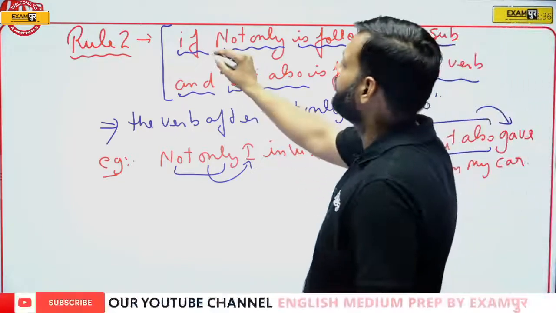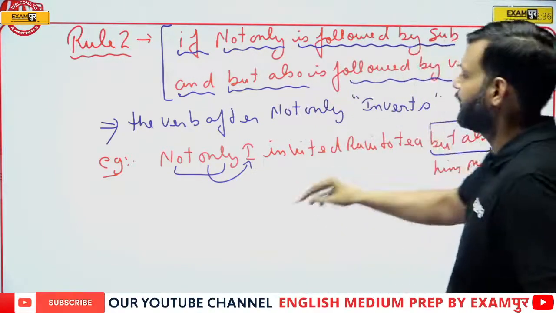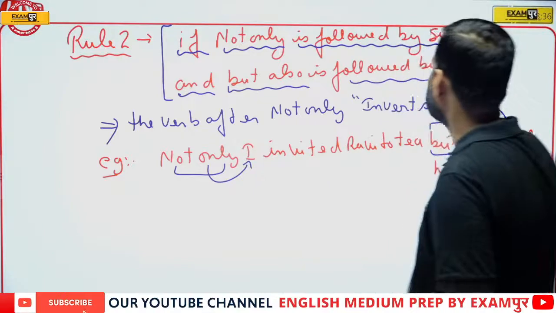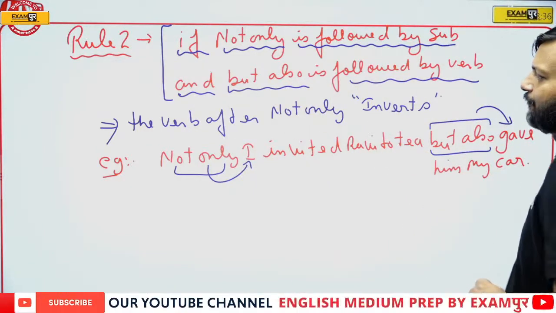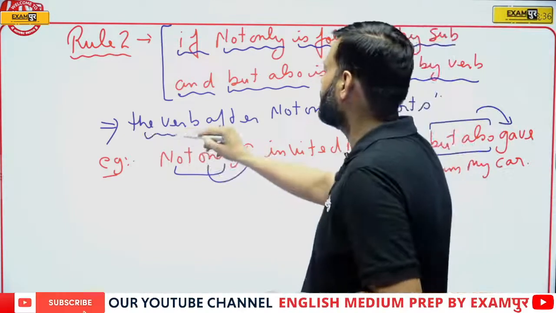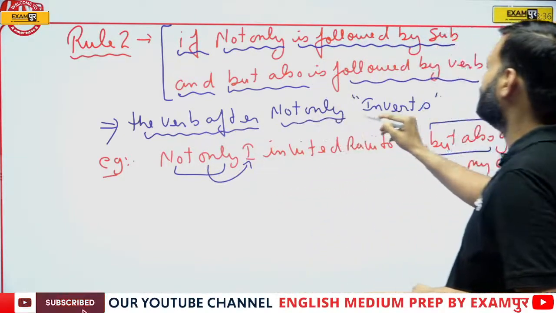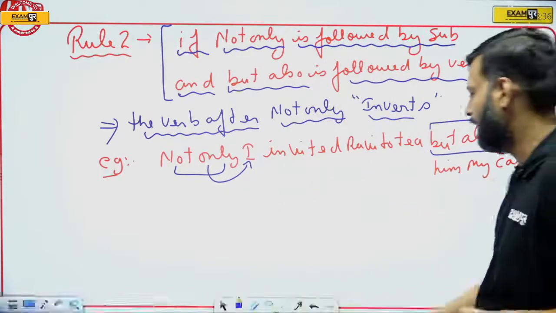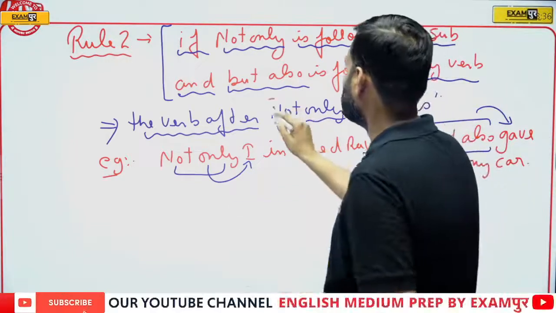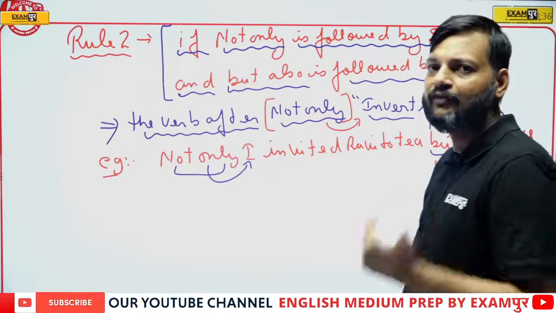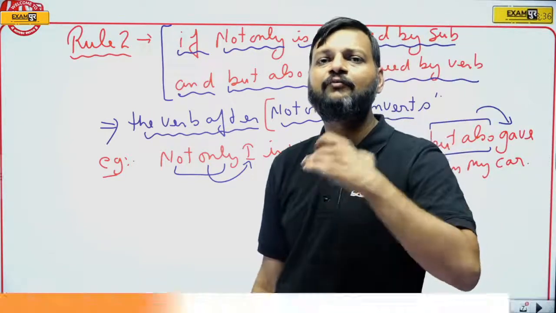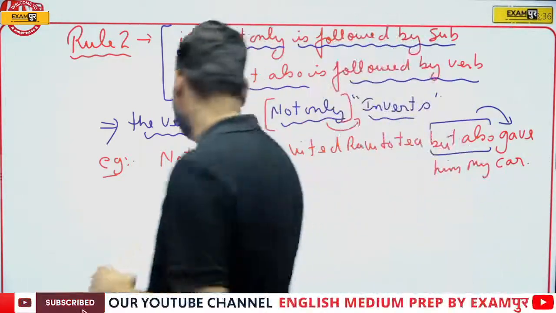That if not only is followed by a subject, and but also is followed by a verb, in this condition the verb after not only inverts. Verb inverts means the helping verb will come before the subject.